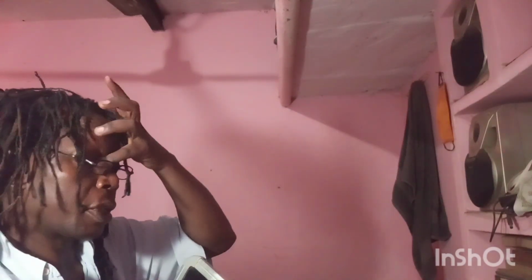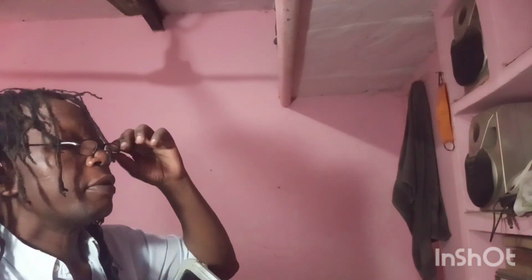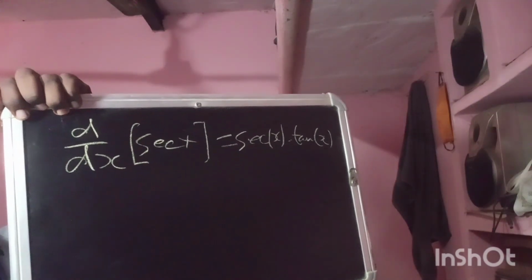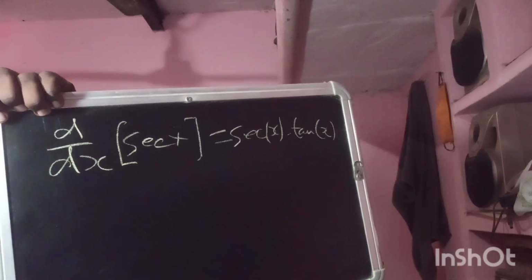Now we're going to find the derivative of secant. Now this will be equal to secant x into tangent x. Okay, d over dx secant x is equal to secant x tangent x.